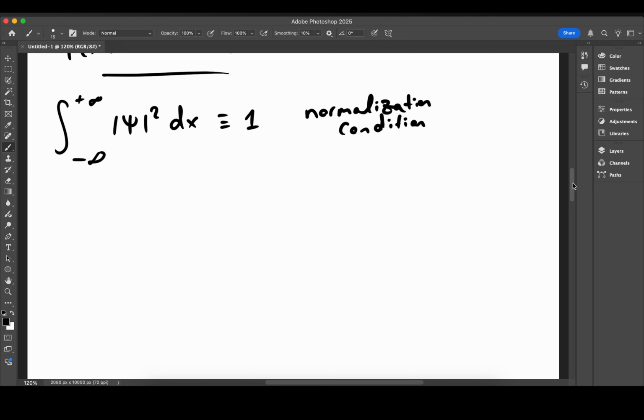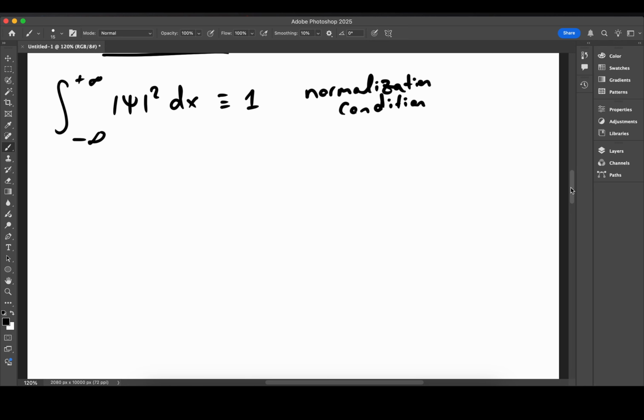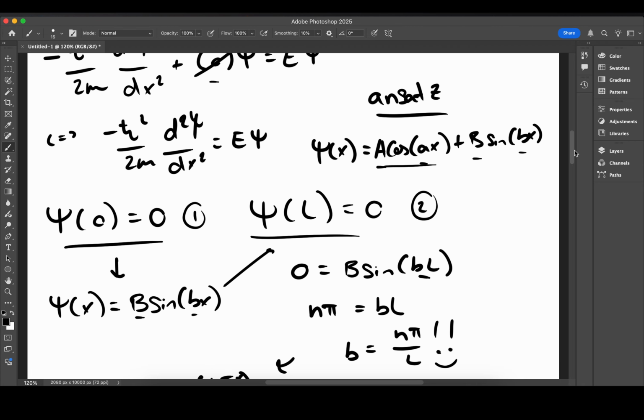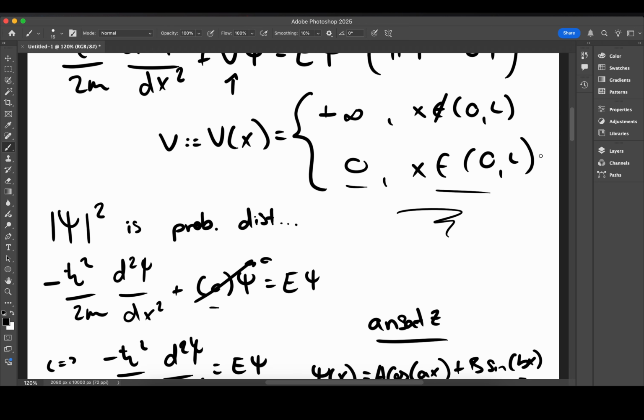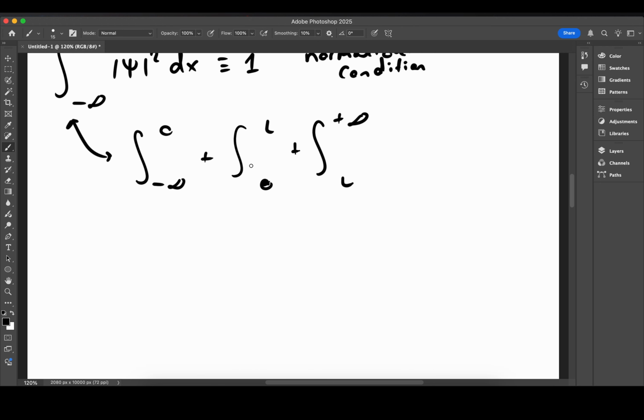Great. So now we're going to do that, but we're going to break the integral up first. I'm going to use some maybe abusive notation and say that we have the integral from negative infinity to 0, plus the integral from 0 to L, and then L to plus infinity. Remember earlier we said that we interpret the absolute square, or in our case, because we're real, just the square of the wave function, as a probability distribution, and there is no way that this particle is going to be able to tunnel through those potential barriers because they are not finite.